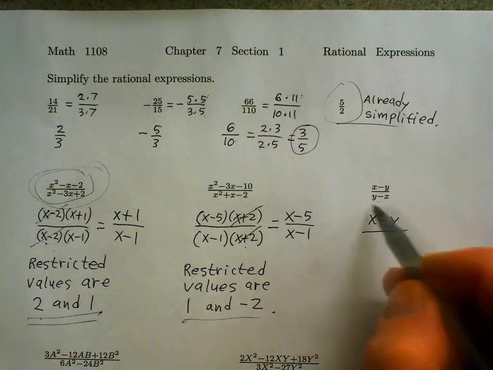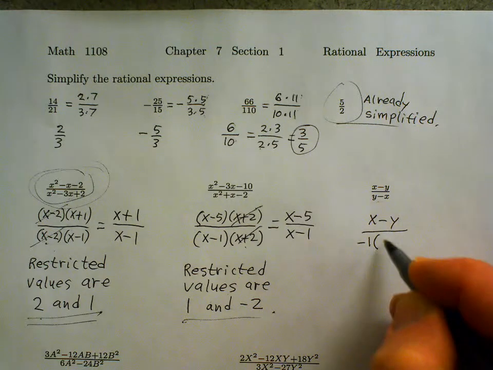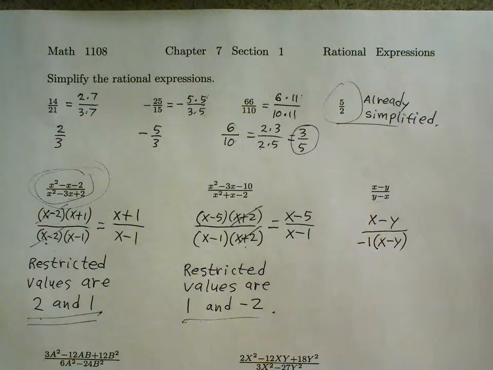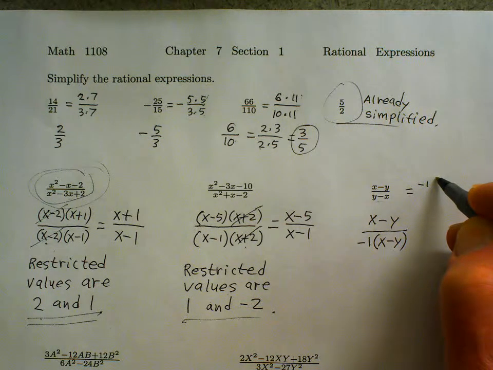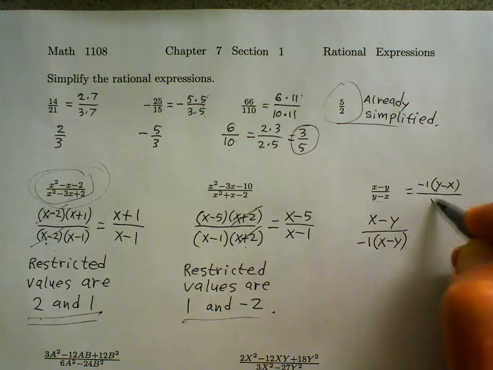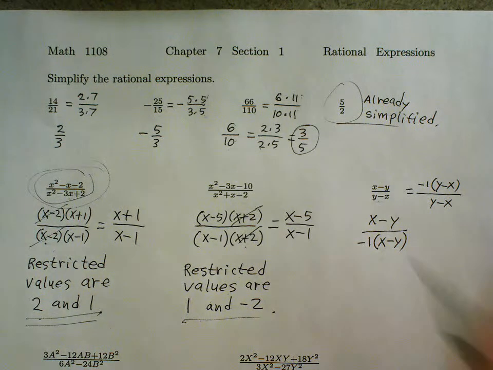So y minus x is the same as negative 1 times x minus y. Alternatively, we could have factored -1 out of the numerator, -1 times y minus x divided by y minus x. Either way is permissible.